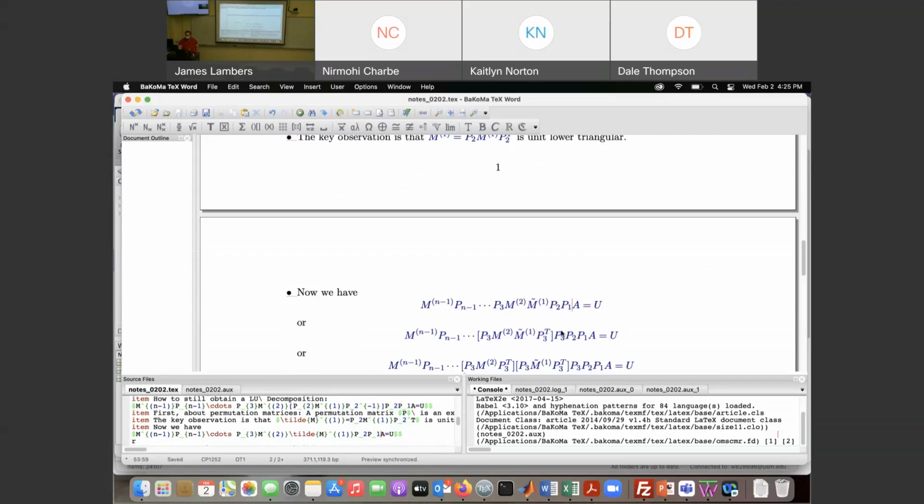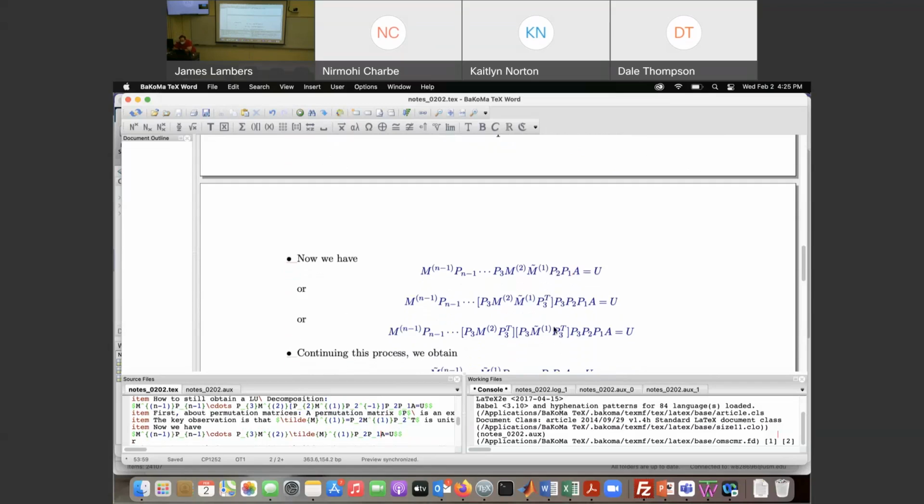So I use the same trick. Here, I introduce identity and insert a P3 transpose P3. And I do that here, and also here, between this M2 and this M1 tilde. So now I have two expressions of that kind.